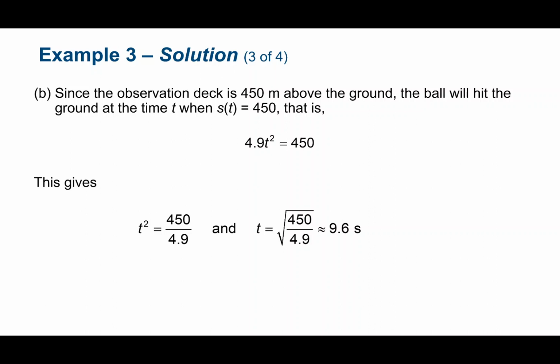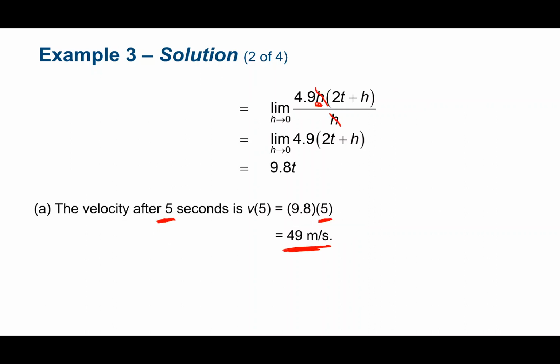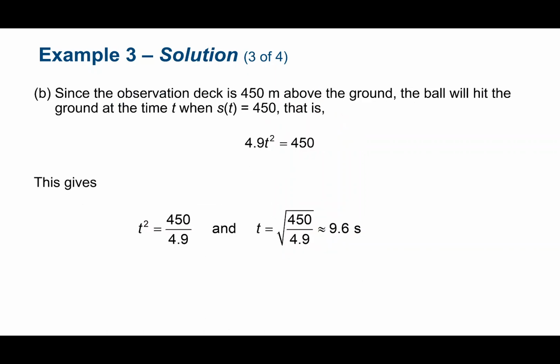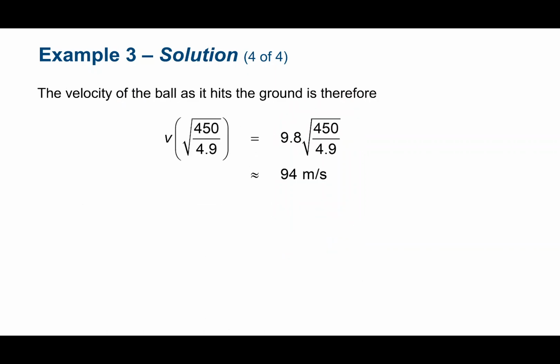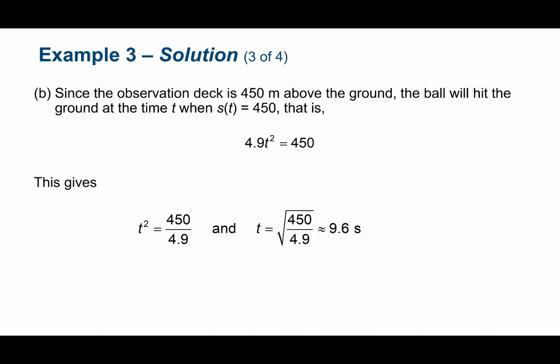That's when it's going to hit the ground. And then we're just adding on a little bit here. We got 9.8t, which gives us our limit there. So plug in. It used the square root of 450 over 4.9 instead of 9.6. It's just using the exact answer there. That's all they're doing.